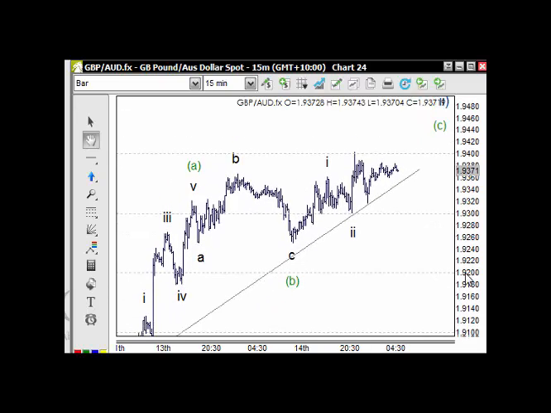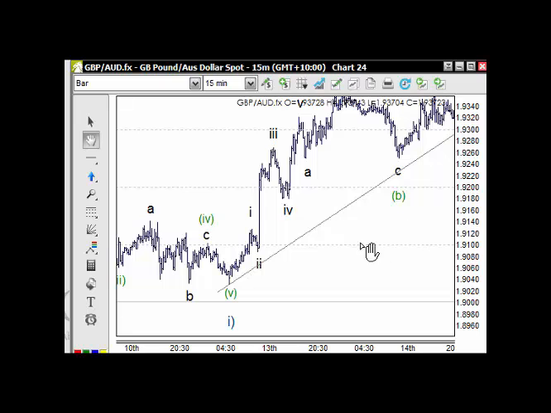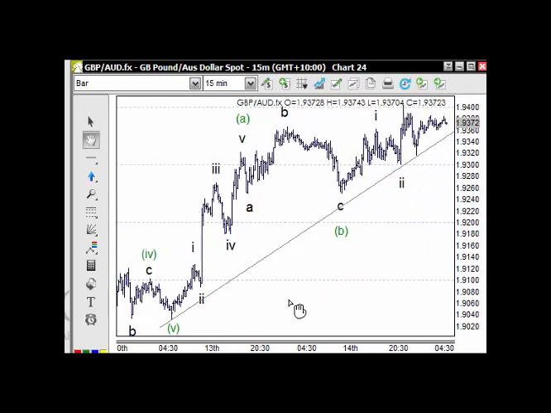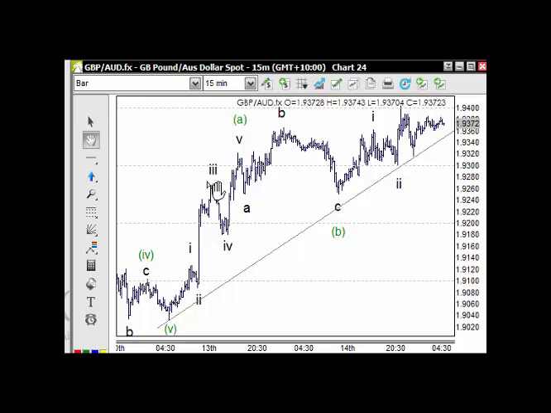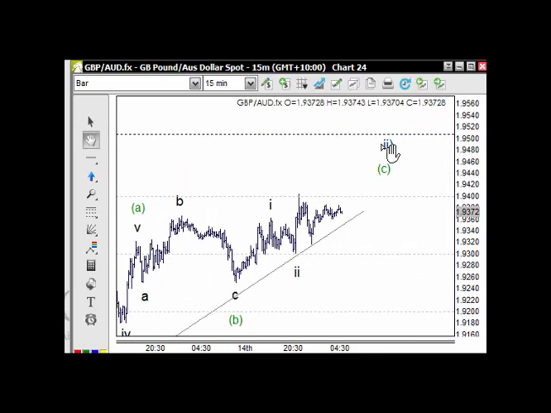I know it's a little bit tricky here, but as a corrective move to the upside in line with all the other markets, we'd look at this as 1, 2, 3, 4, and 5 here for the A wave, then an A, a B, and a C wave for wave B here, and then we'd be looking for 5 waves up in the C wave, and we have wave 1 here and wave 2 here. It may be 3, 4, and 5 and finish here and roll over from that point. So I need to see more here.